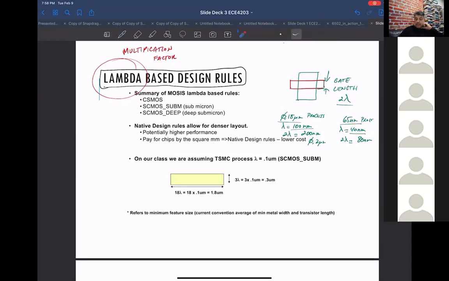This means that although I have a 0.18 micron process, the smallest transistor length that I could get is 0.2 microns. So I'm giving up that performance. Instead of being able to draw 0.18 micron long transistors, I'm forced to draw 0.2 micron long transistors and have higher resistance, more area. It just adds up.